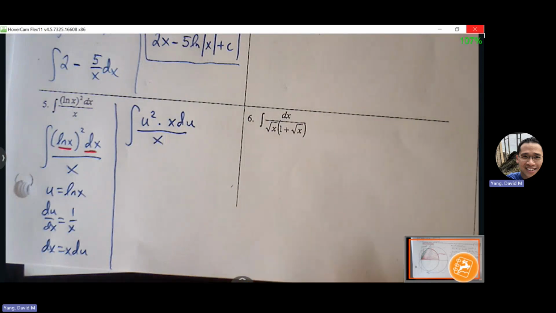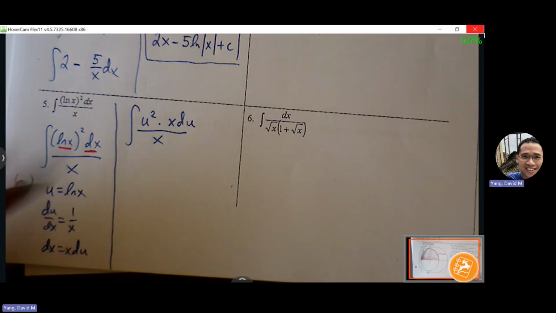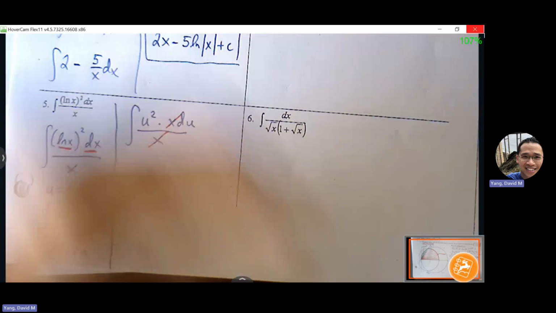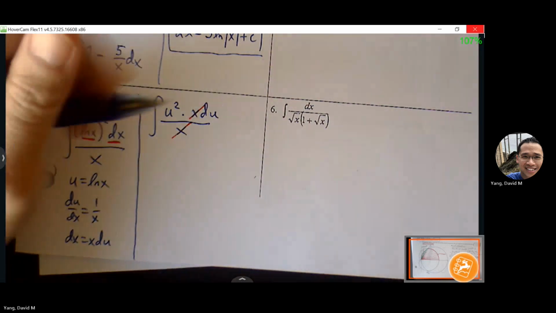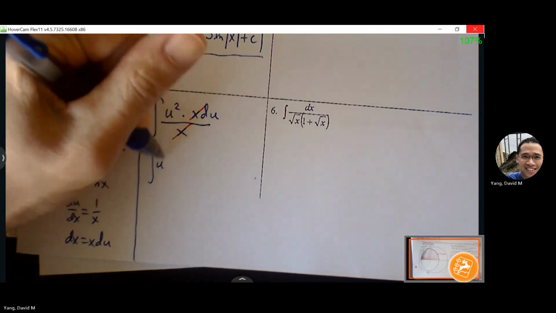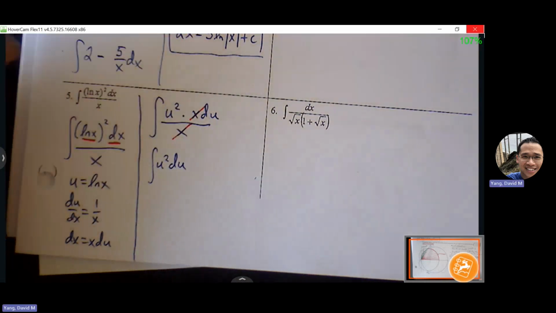So it is also a little bit of looking to see, do we have something for the derivative to pair up with? But this one works, right? The x's cancel out, and what rule can we use to handle this one? What rule can we do for u squared?